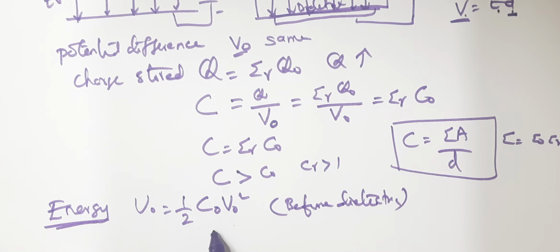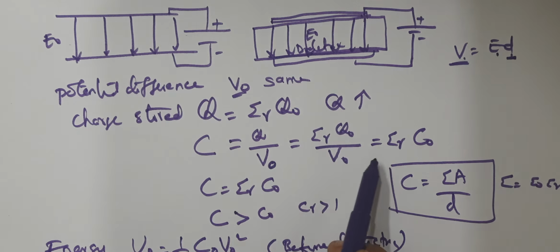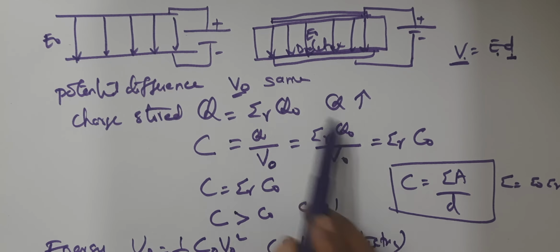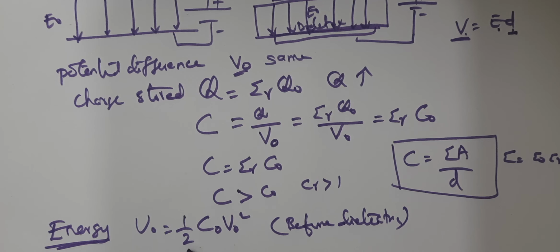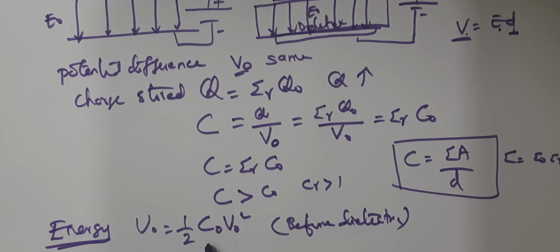Why are we using this formula rather than that one? Because here both charge and capacitance have changed, so we have to use the formula half C0 V0 square.